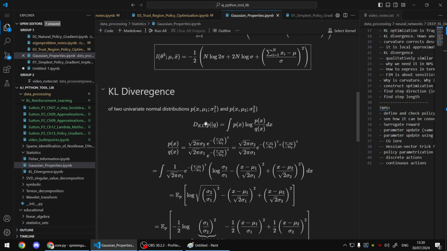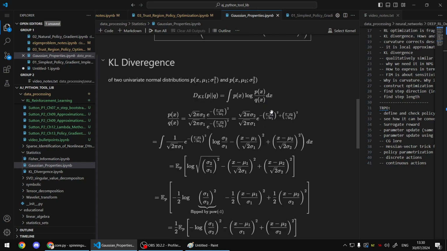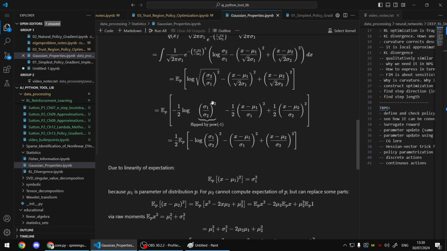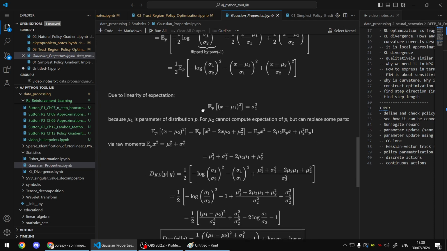And we just plug in the Gaussians. We take an expectation over whatever is inside, but then we take expectation over some policy, some p, and some values are constant with respect to this policy, and then this is the expectation part.